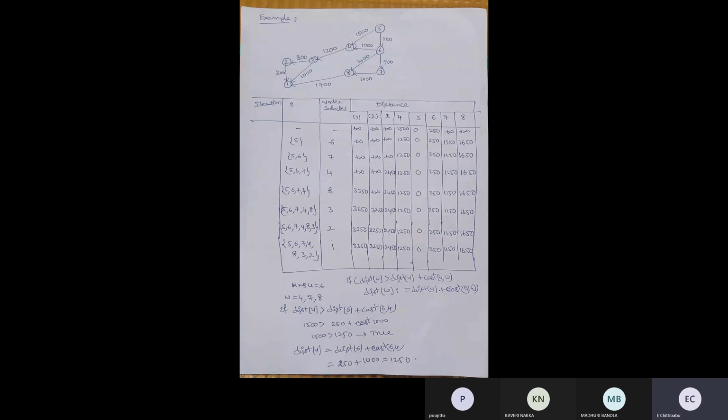Distance of 1 greater than distance of 2 plus cost of 2, 1.